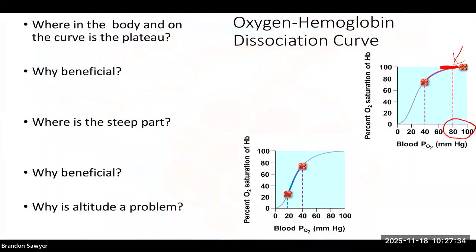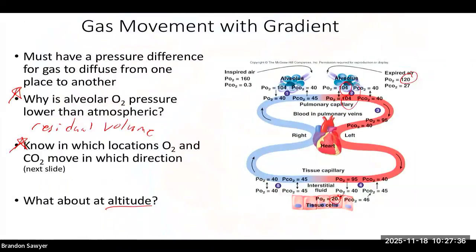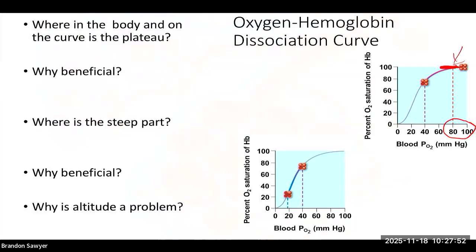So if you go back to this image here, and we look at these partial pressures of about 104 in our alveoli, if we're at sea level, if the amount of oxygen we get down there ends up being about 104, then that pretty much means that we're going to fully fill up our blood, right? Because 104 would be all the way out here.